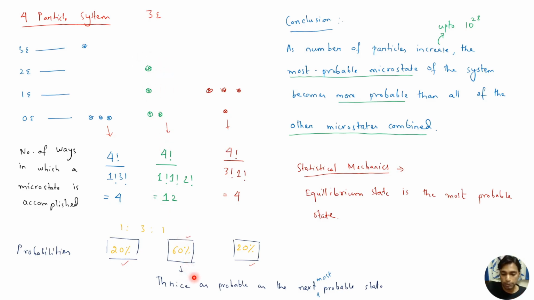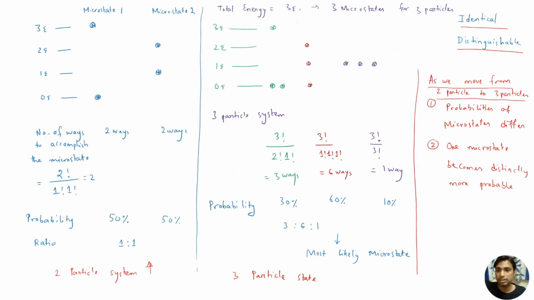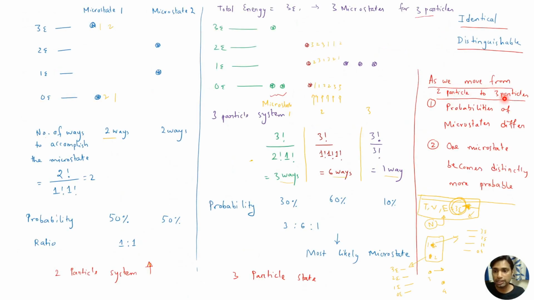So what we observe here is that as we move from 2 particles to 3 particles, the first thing that we observed is that the probabilities of the microstates start differing. Here we had 2 microstates and the probability was the same, 50%, 50%. And when we increase the number of particles, the probability now differed: 30%, 60%, 10%.